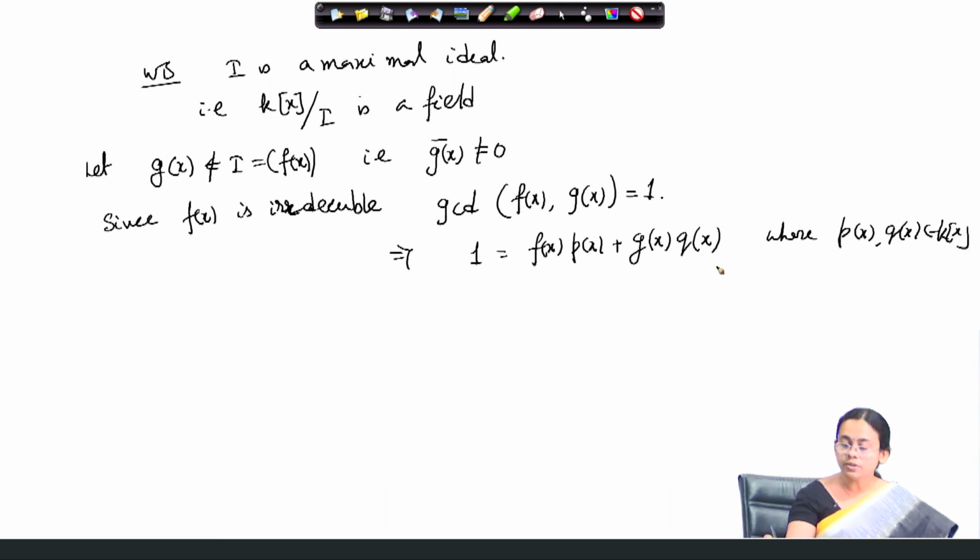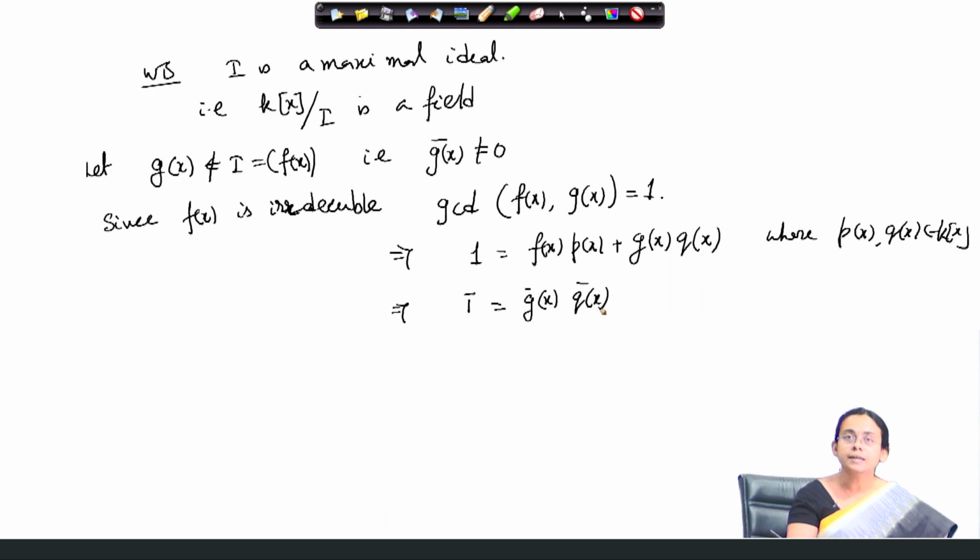Now, let us view this equation in the quotient ring K[x] quotient I. Then this gives me 1 bar. Since f(x) belongs to the ideal I, f bar becomes 0, so this term will not contribute anything here, and I will be left with g bar(x) times q bar(x). And you can see that g bar(x) is non-zero because g(x) does not belong to the ideal generated by f(x).